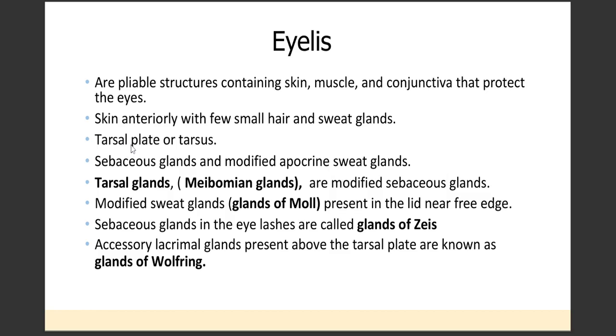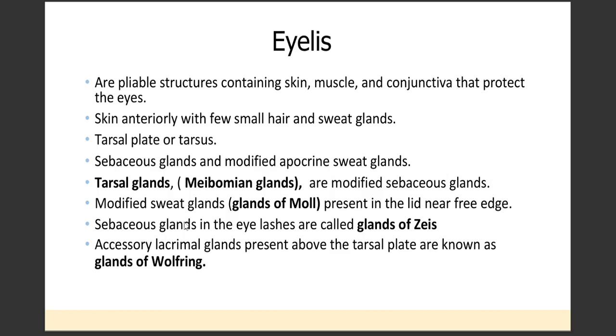You have what we call the tarsal plate or tarsus, sebaceous glands, and modified apocrine sweat glands. The tarsal glands, which we call meibomian glands, are modified sebaceous glands. Remember, sebaceous glands produce sebum that keeps the skin looking fresh without cracking.